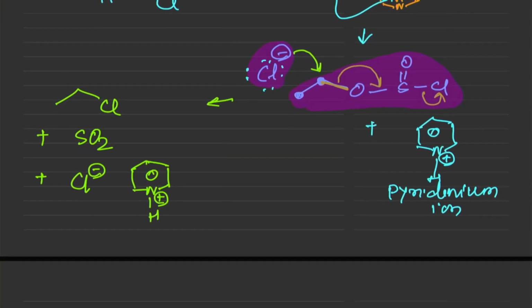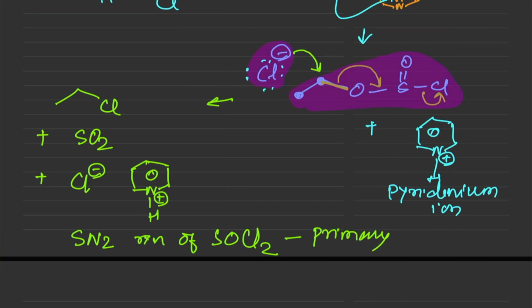So this type of reaction is the SN2 reaction of SOCl2. This type of reaction happens only in primary, which is best, or secondary alcohols.